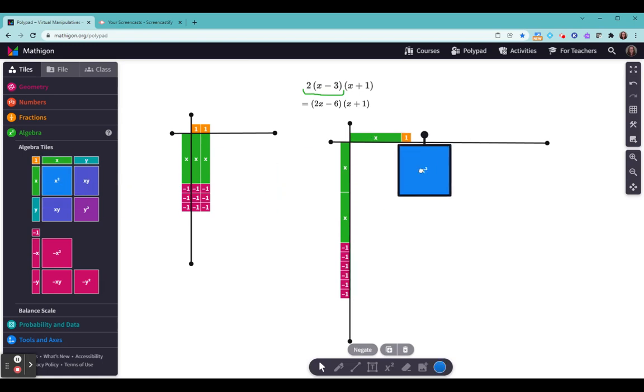2x times x is 2x squared. Then 2x times 1 is 2x.